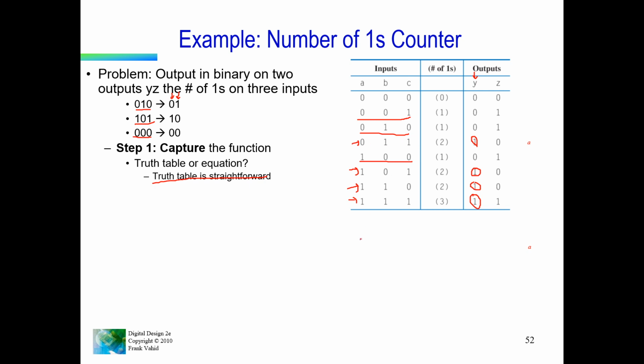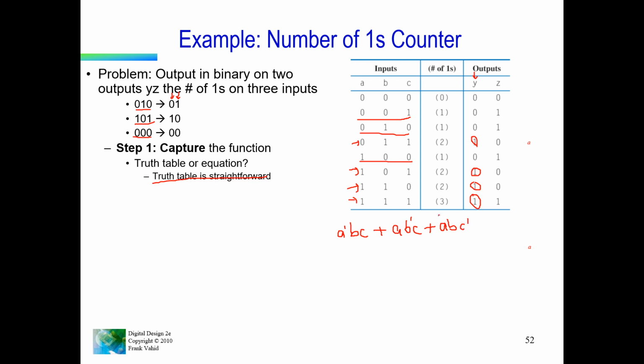So for the first row, we know that we can represent this as A prime and B and C. Or, I say, for this row, I can write it as A, B prime and C. For the third row, I can write as A and B and C prime.